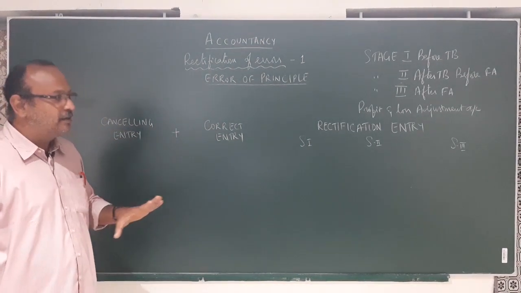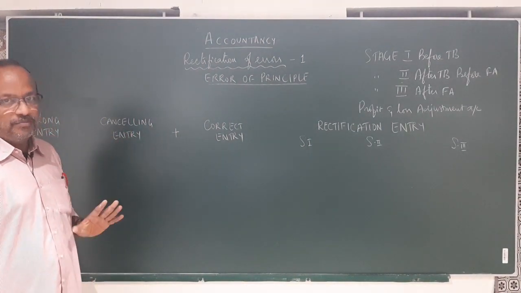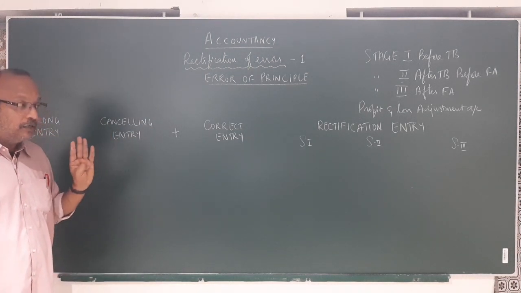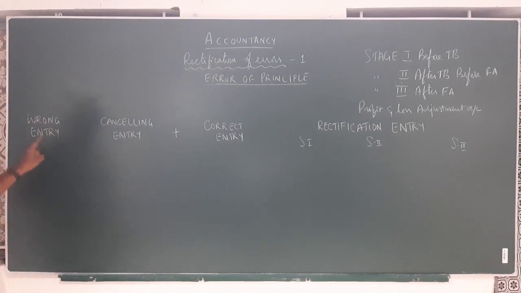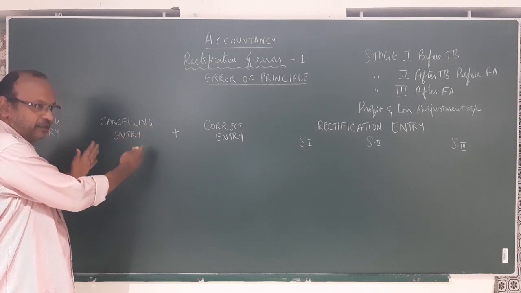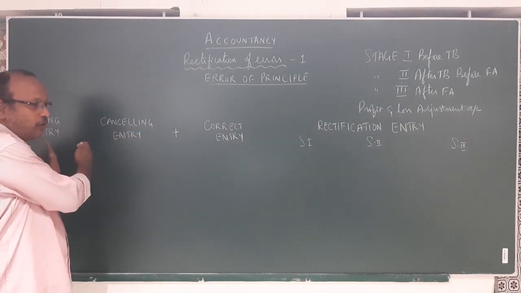So my dear friends, whatever is the error of principle, we will be rectifying it in 4 different stages. 1, we write the wrong entry. Whatever error is committed, we write as it is. Then the next step, we cancel that error by cancelling the wrong entry.